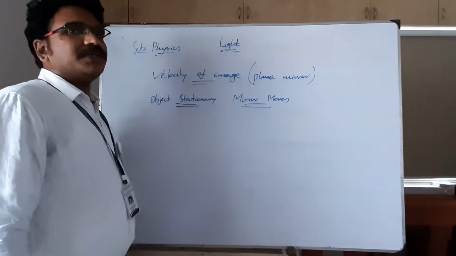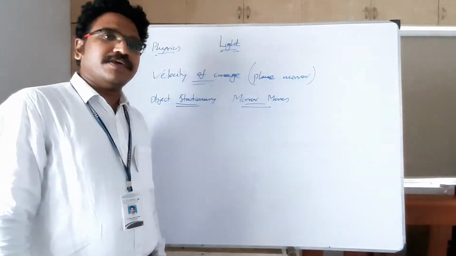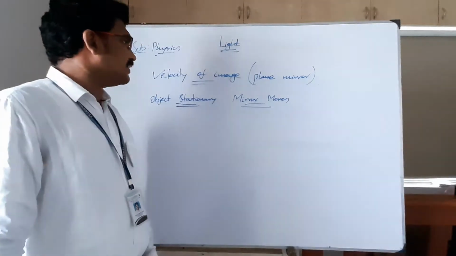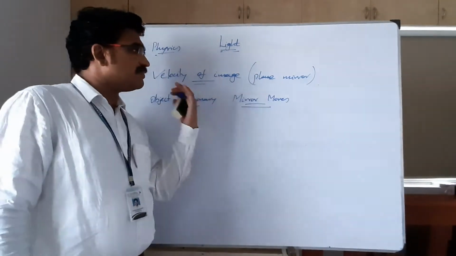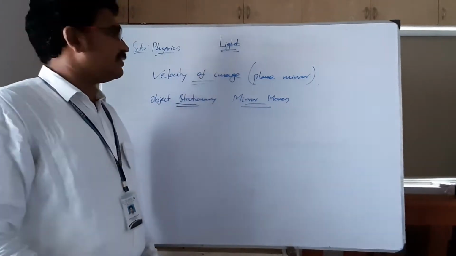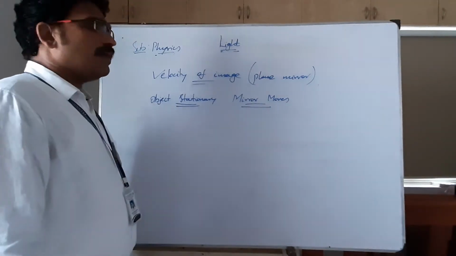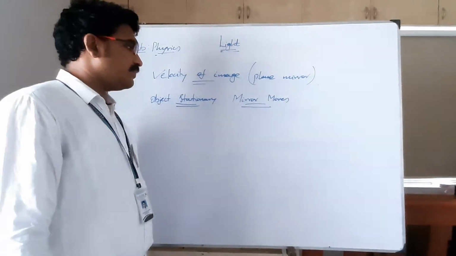Then what is the velocity of the image? That is what we have to calculate. Here the object is stationary, so the velocity of the object is 0, but the mirror is moving. Then what is the velocity of the image? That is what we are going to discuss.